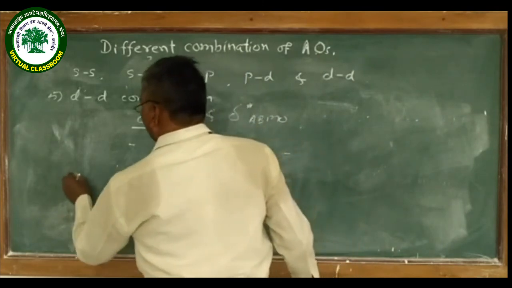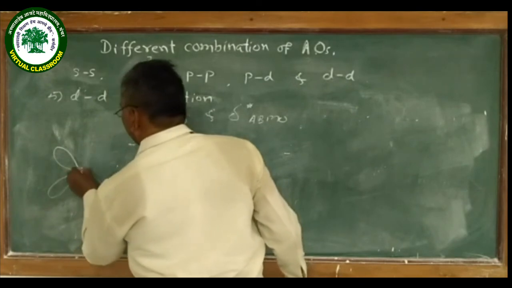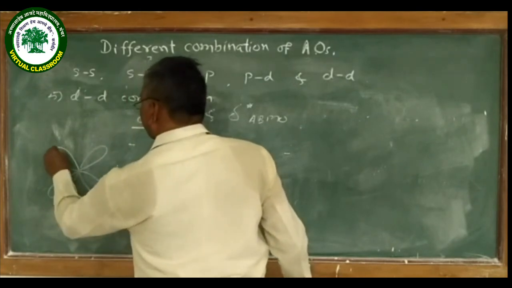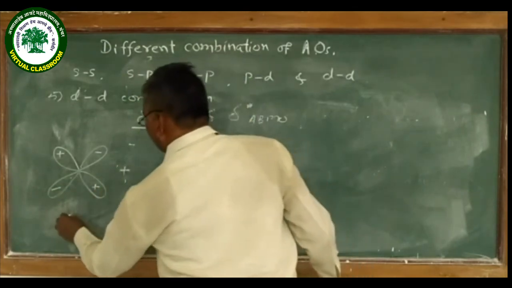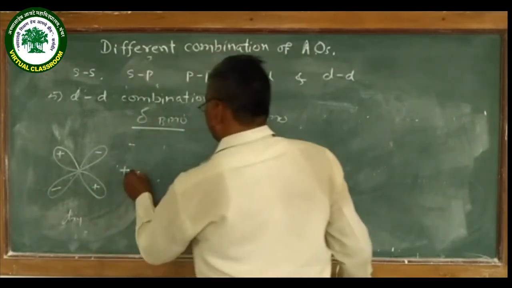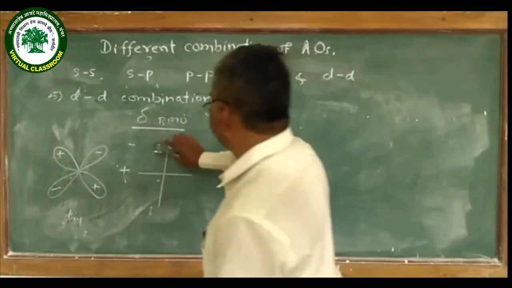So, if this is dxy orbital, it will combine with dxy orbital of another atom.